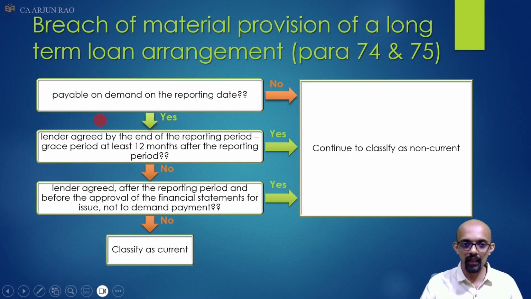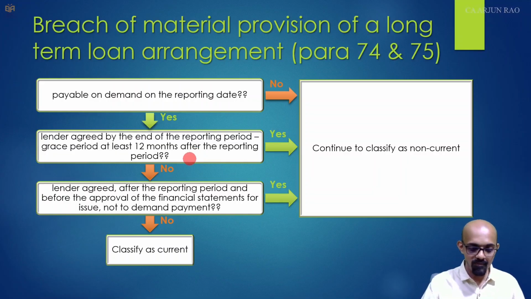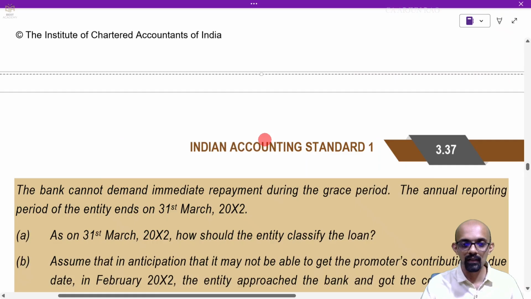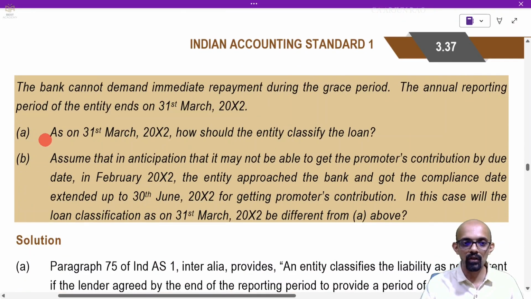So it has become payable on demand, and is the grace period at least 12 months? No, the grace period is only 3 months. So how will we classify? On 31st March 2012, it will be current only, because the grace period should be at least 12 months, which is not the case.